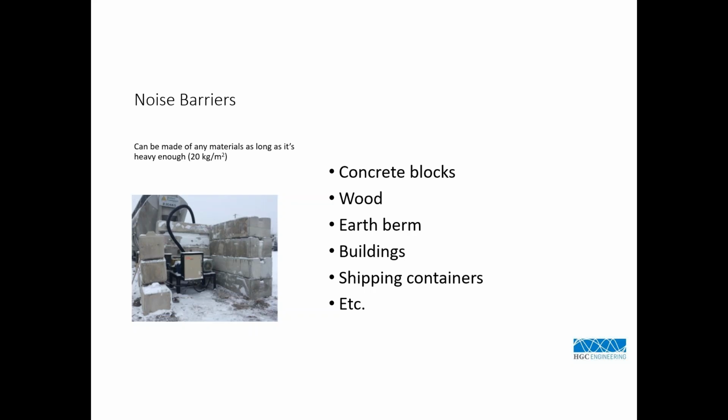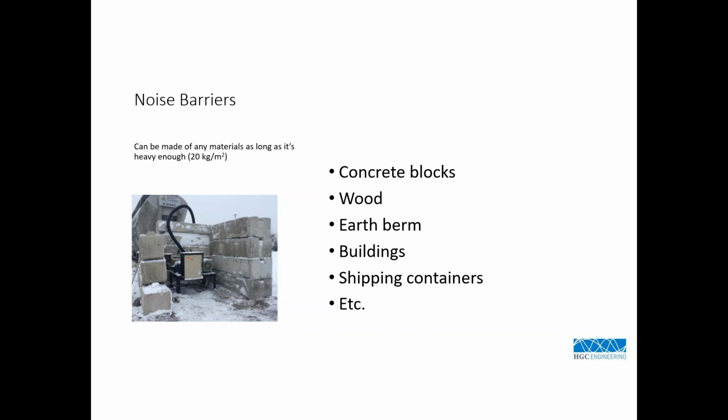In terms of barriers, they are going to be probably the most common solutions that you are going to be implementing. You can see that you can use almost anything as a barrier, as long as it's heavy enough. Really, no special design is required as long as the barrier is standing.